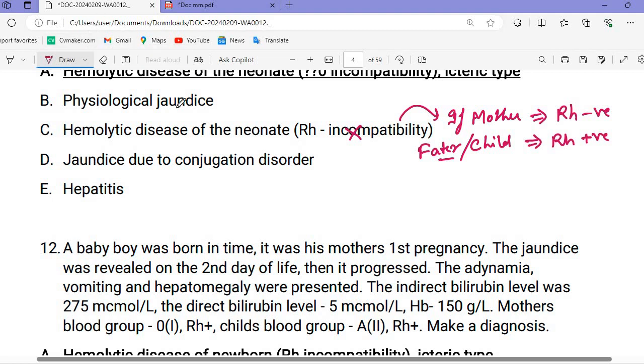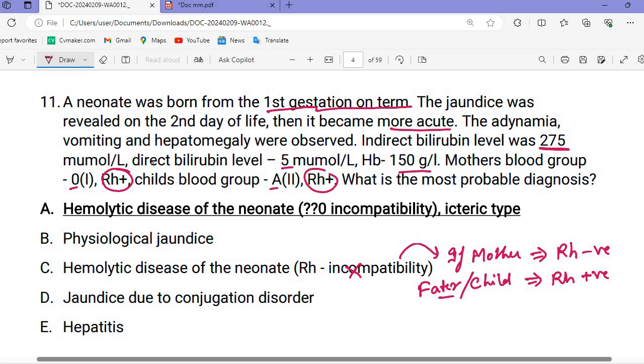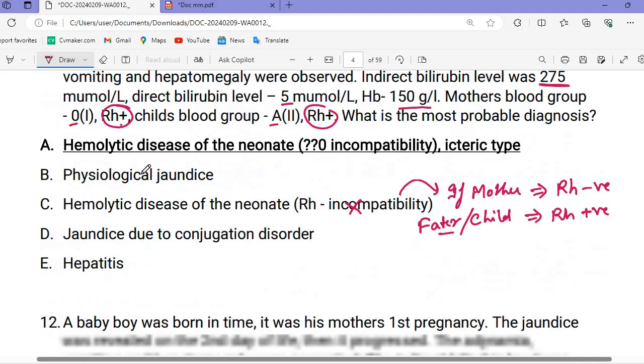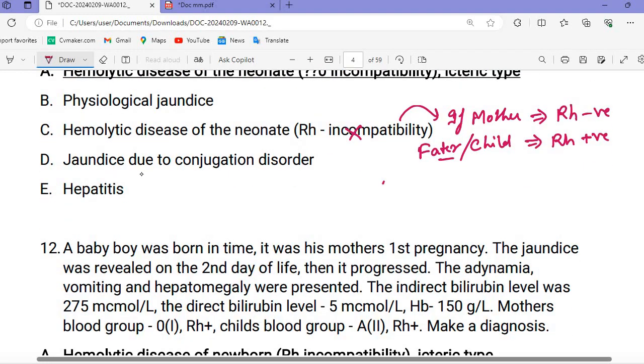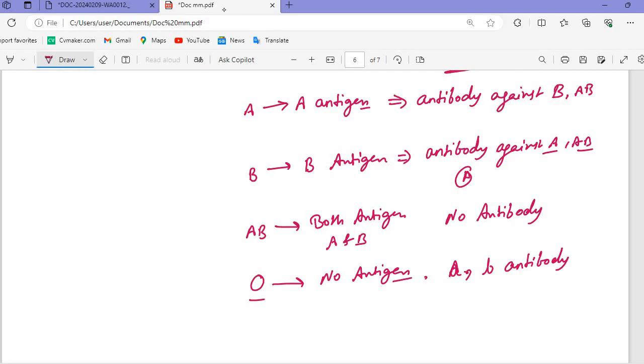Now in this question we can see that the mother's blood group is O and Rh positive. The child's blood group is A. So mother is O blood group, which means IO and IO, so no antigen is there.